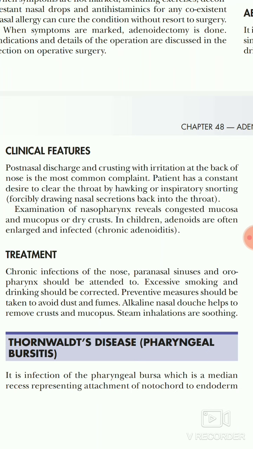Patient has a constant desire to clear the throat by hawking or inspiratory snorting, forcefully drawing the nasal secretions back into the throat. Examination of the nasopharynx reveals congested mucosa and mucopus or dry crusts. In children, adenoids are often enlarged and infected, chronic adenoiditis.